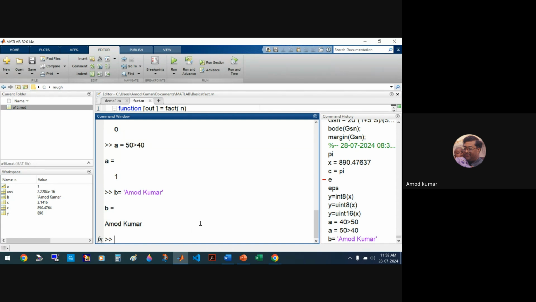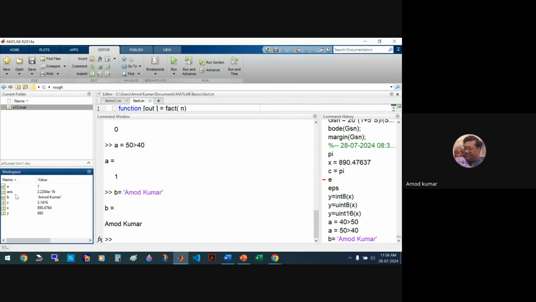On the left, in the workspace, you keep seeing the variables we are creating coming up here. All these, A, Ans, B, C, X, Y, which we created earlier, are present in the workspace.